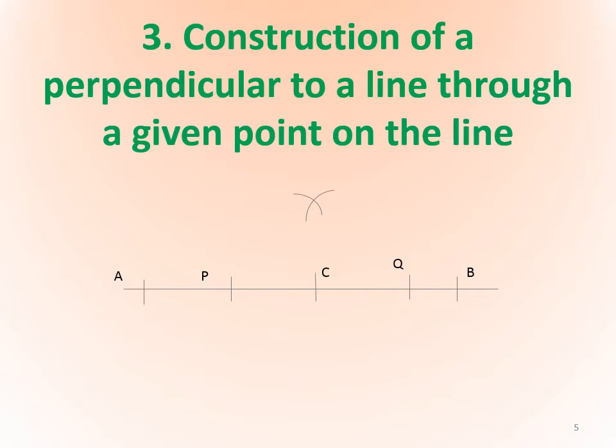Name the point of intersection of the 2 arcs as R and join CR with a straight line.